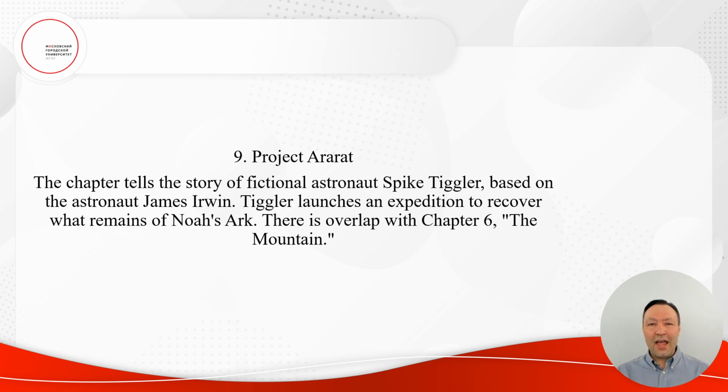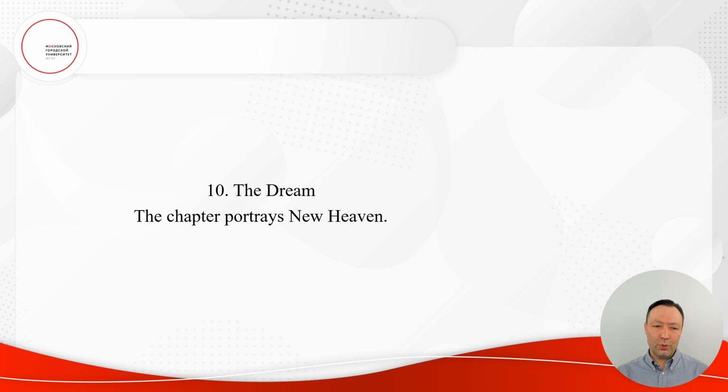Okay? And that's where we come to the last chapter, chapter 10, which portrays New Heaven. And this is a stinging satire. This is a bitter irony of the author, because heaven, paradise, the hereafter for him is somewhat of a five-star beach hotel connected with a shopping center.